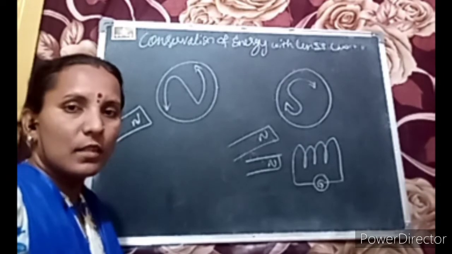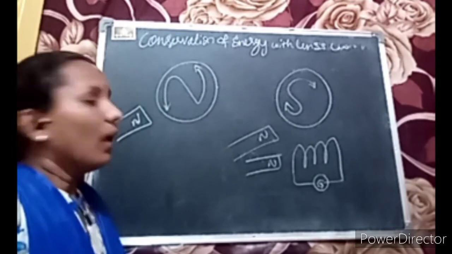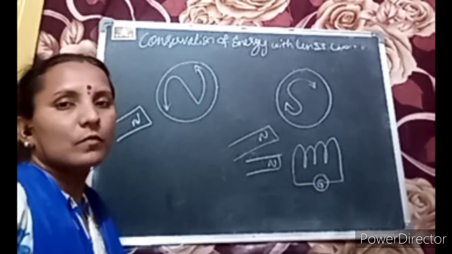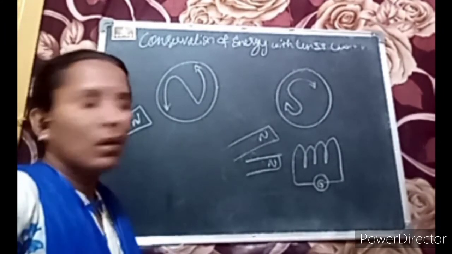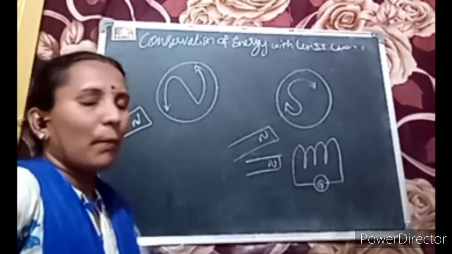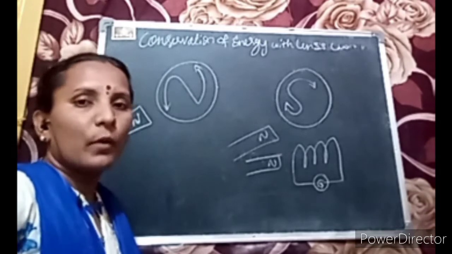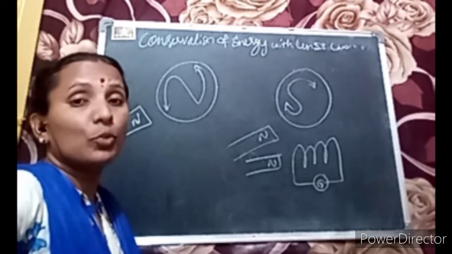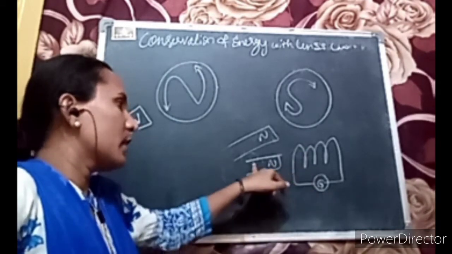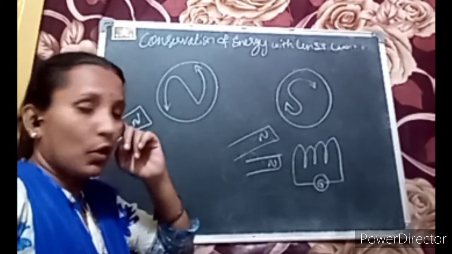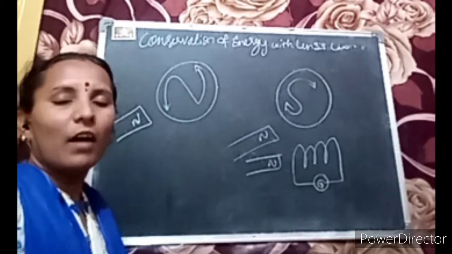Once the current is induced inside that coil, it generates a magnetic field around it. That magnetic field is in anti-clockwise direction according to the right hand thumb rule, and it behaves like a north pole. So since it is behaving like a north pole, it is getting repelled. This is the way we can state Lenz's law.